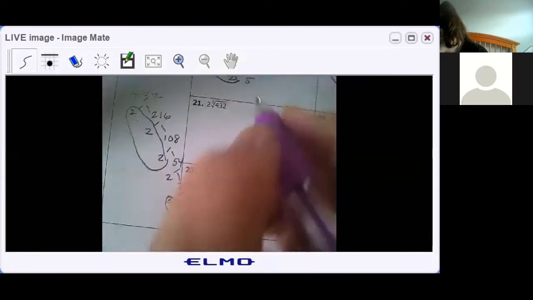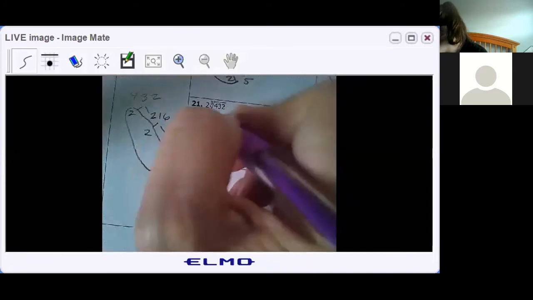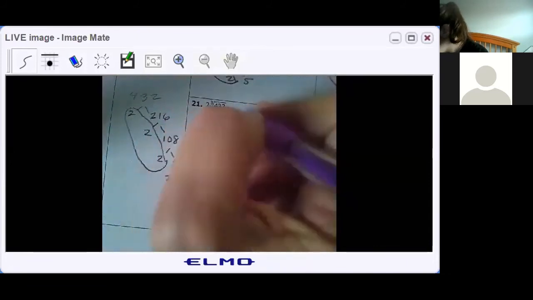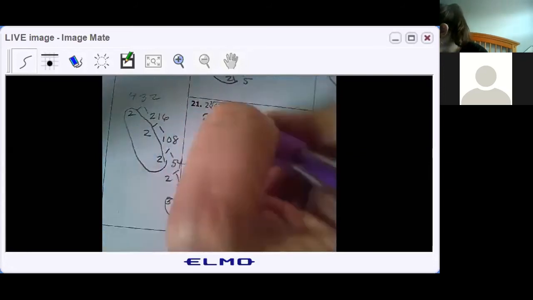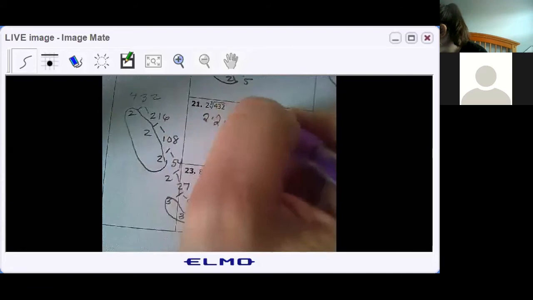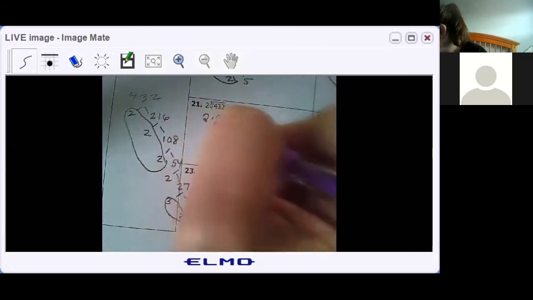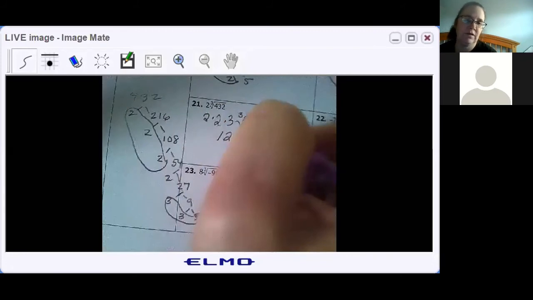So I have the 2 that's already there, times the 2 from this first grouping, times the 3 from the second grouping, but I still have this little 2 right here, and that gets left under the cube root. So 2 times 2 is 4, times 3 is 12. So 12 times the cube root of 2 is my final answer.